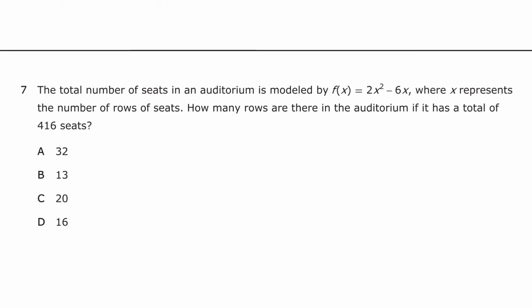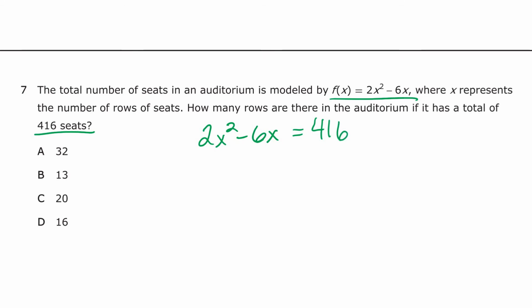This one is one of the more challenging questions. First, you have to read and write your own equation for this quadratic function. So we know that it's 2x squared minus 6x, and they're saying it equals 416. And then we would have to solve it.